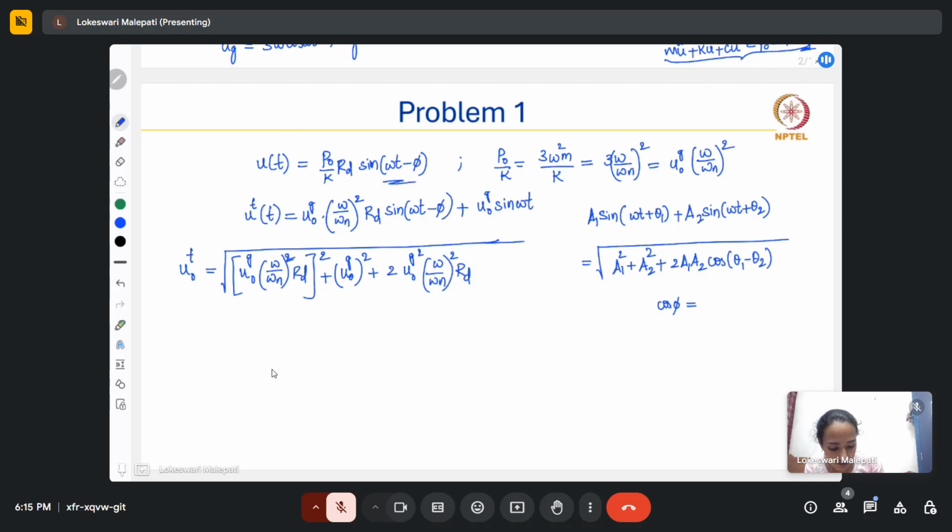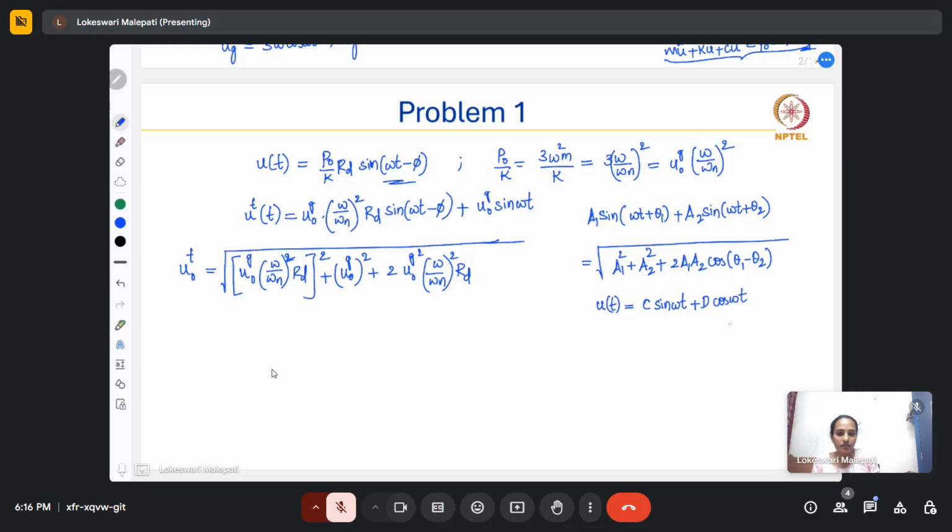This equation is actually the steady state response of the SDOF system when it is subjected to this sinusoidal wave. The original equation, if you remember, was u of t is equal to c sine omega t plus d cos omega t.